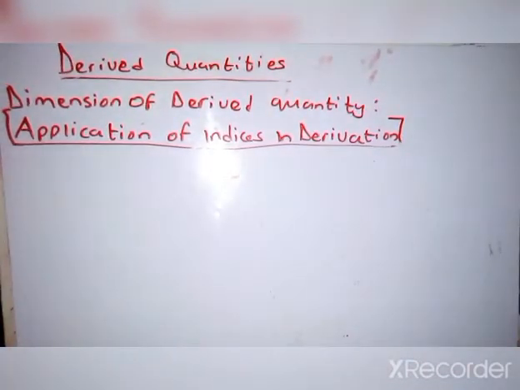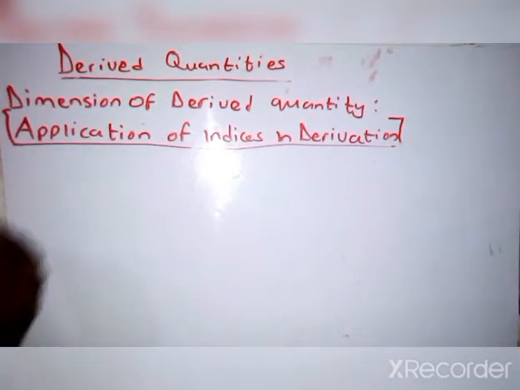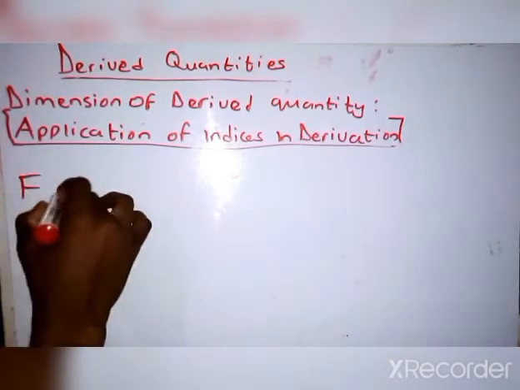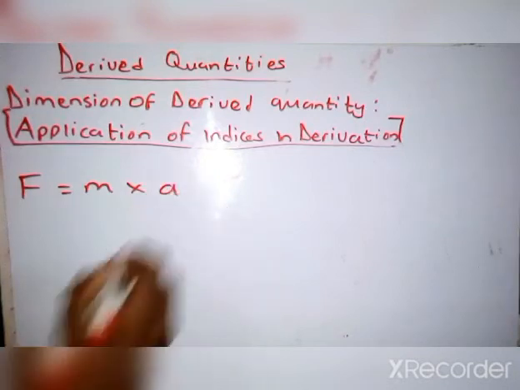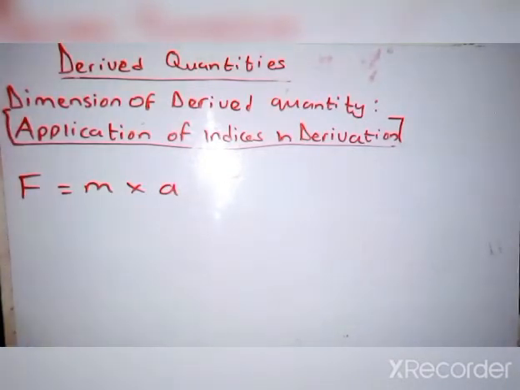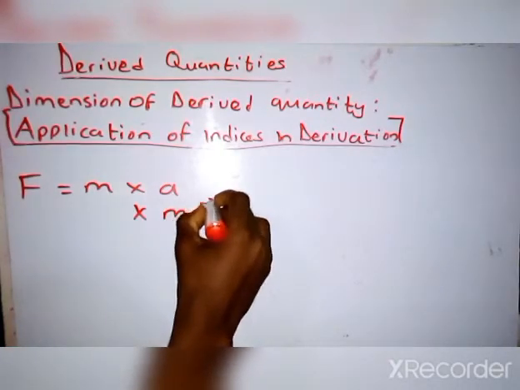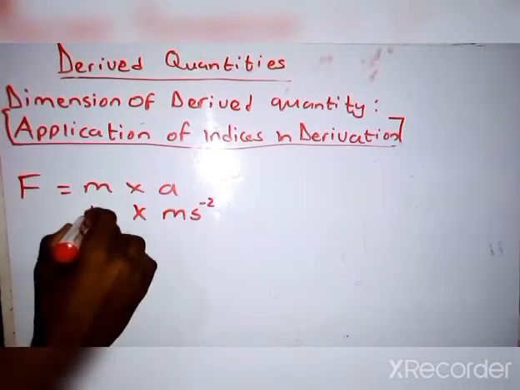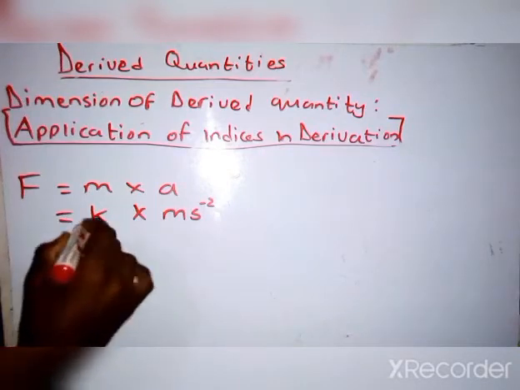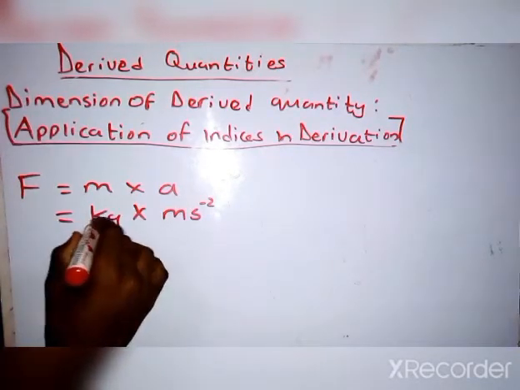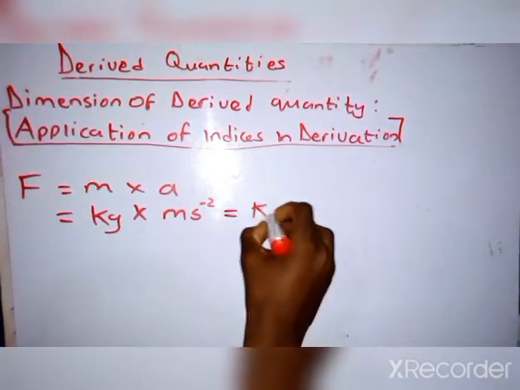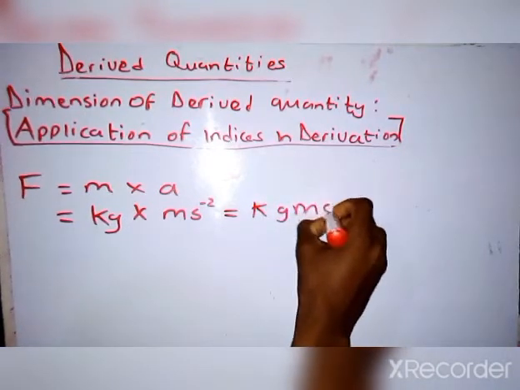So to get the dimension for force, we know force equals mass times acceleration, right? And we've gotten the unit of acceleration to be meter per second square. The unit of mass is kilogram. So kilogram times it will give us kg meter per second square.